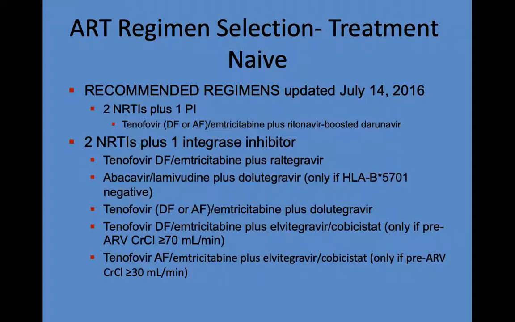It's based on the current guidelines, but I think the guidelines are really changing to be where they were at 2 NRTIs plus 1 protease inhibitor. They're really going to 2 NRTIs plus an integrase inhibitor. That's really becoming the backbone, the go-to therapy because of tolerability.